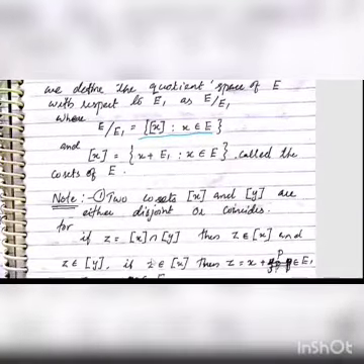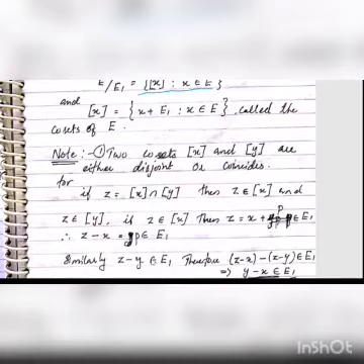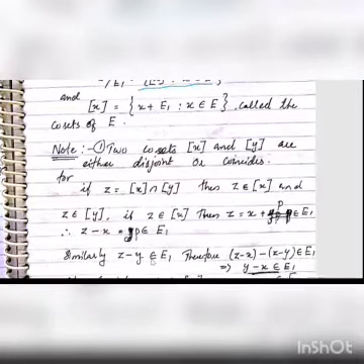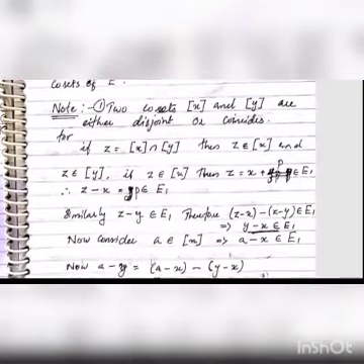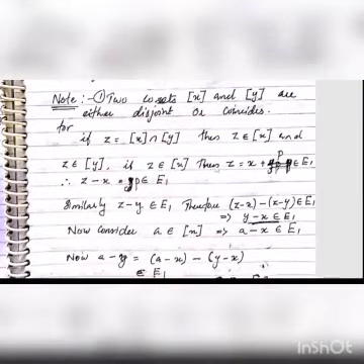Now two cosets [x] and [y] are either disjoint or coincide. Suppose there exists an element z in the intersection, so z belongs to coset [x] and z belongs to coset [y].